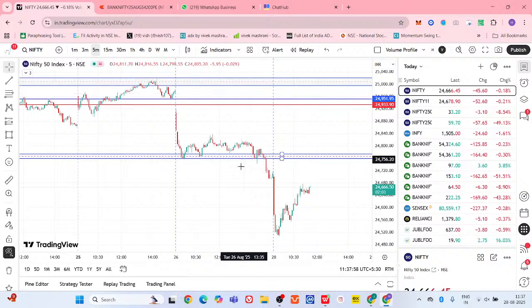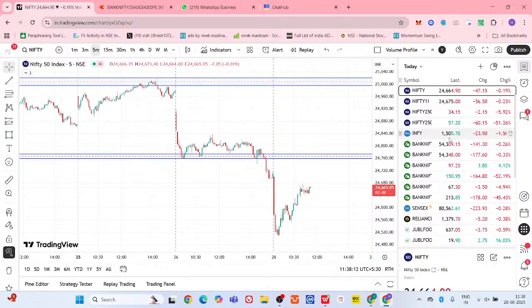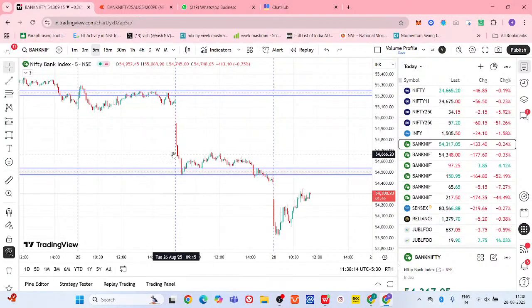Okay. Nifty needs to test these two levels. But not today. Over the next 1 week, we need to see whether it can test these levels. Okay. Bank Nifty spot. Okay, I'll tell you.